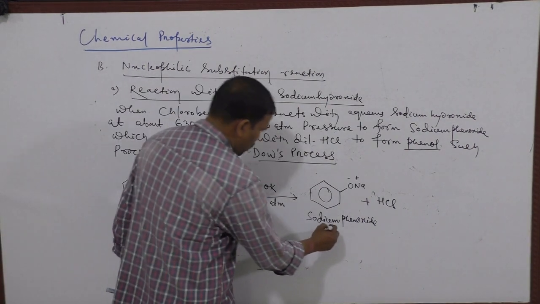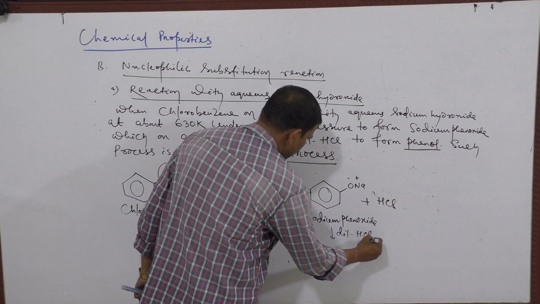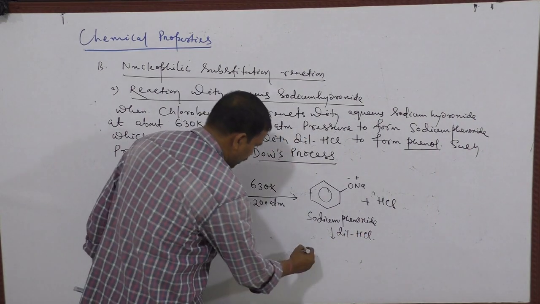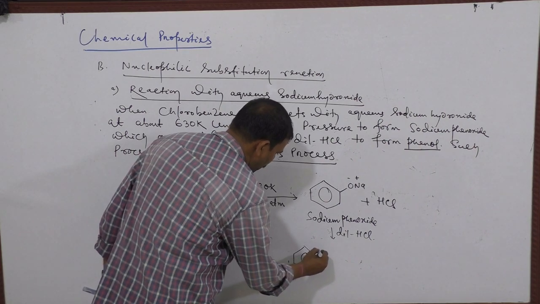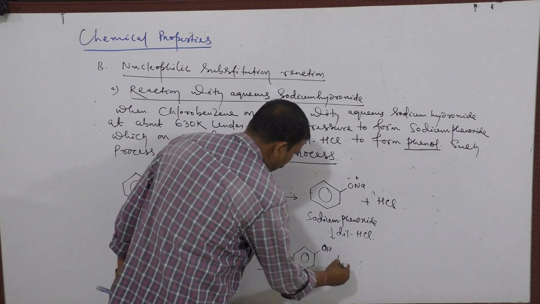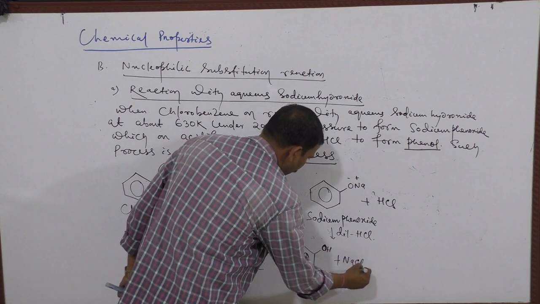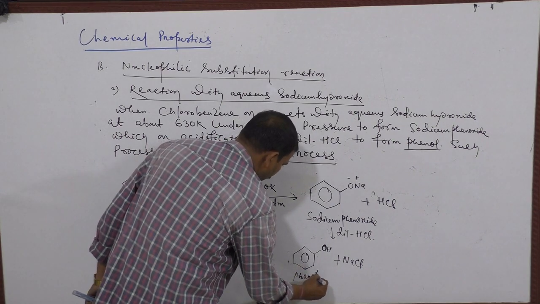When it reacts with dilute hydrochloric acid, then it will form phenol, means OH, and NaCl is removed. This compound is known as phenol.